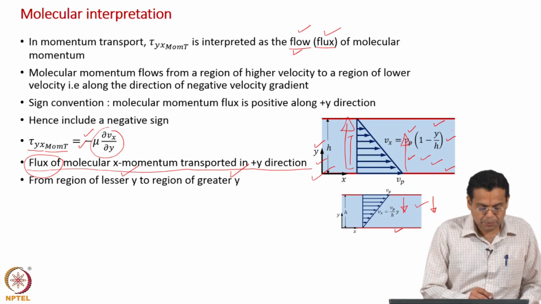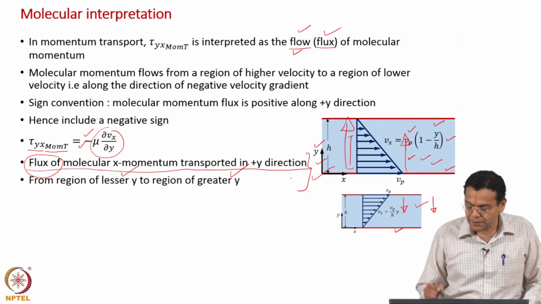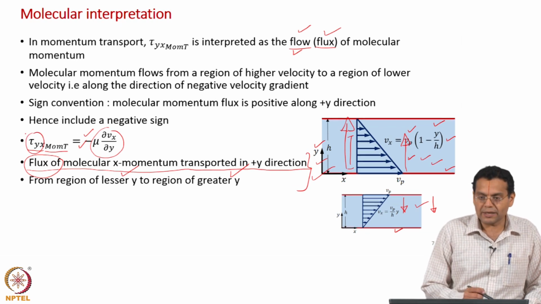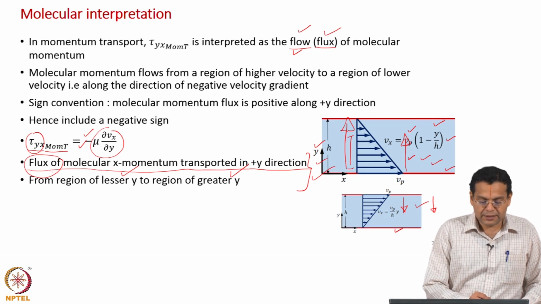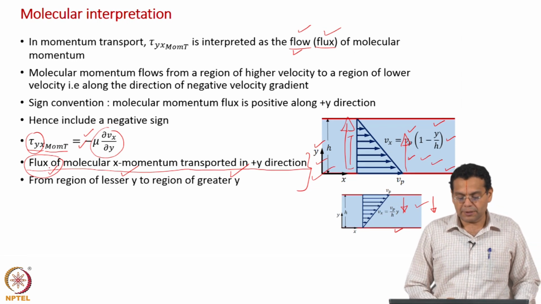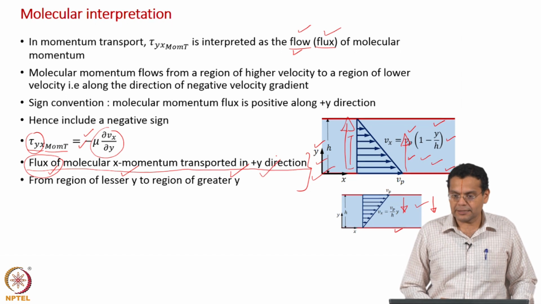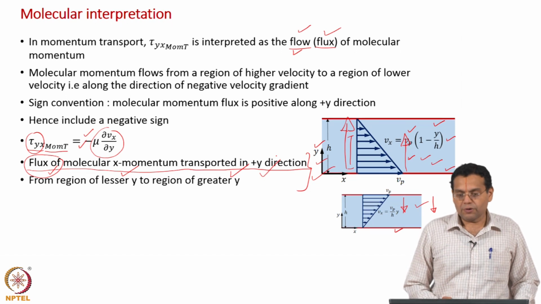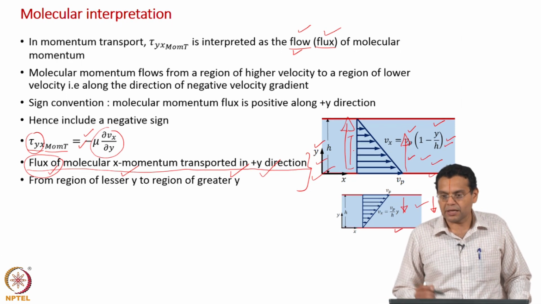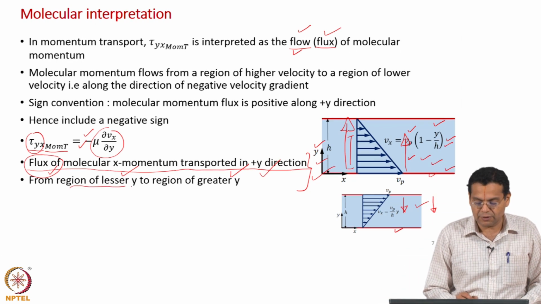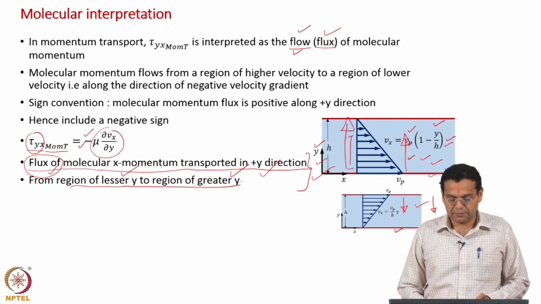So, when this is positive, if it is positive, then the flux of molecular x momentum is along the positive y direction, and then it flows from a region of lower y to a region of higher y, that is what is happening.